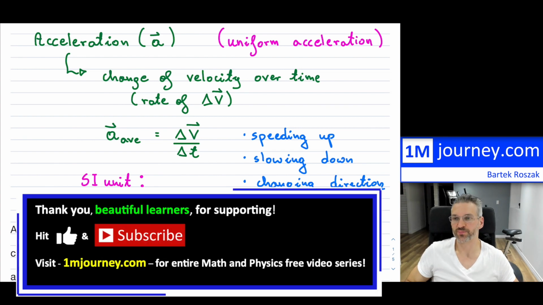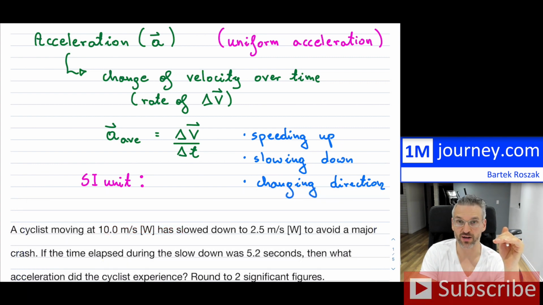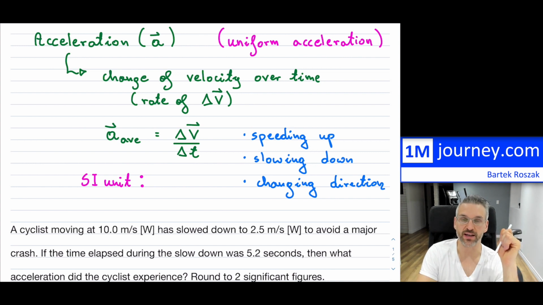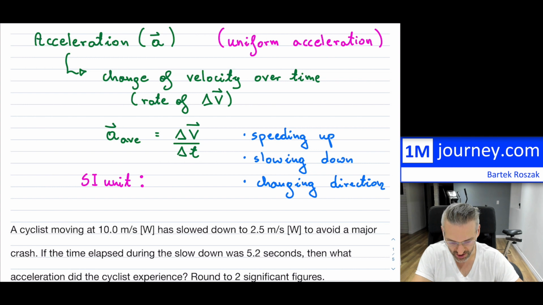Let's introduce acceleration. As you jump from speed and velocity and do some examples related to uniform velocity, where uniform velocity just means that it's not changing, so it's basically constant. Eventually, you're going to start studying acceleration, which is the concept of possibly speeding up, slowing down, or maybe changing directions.